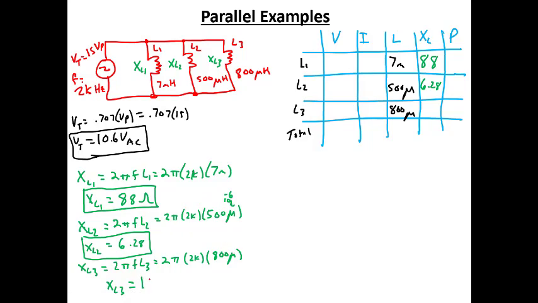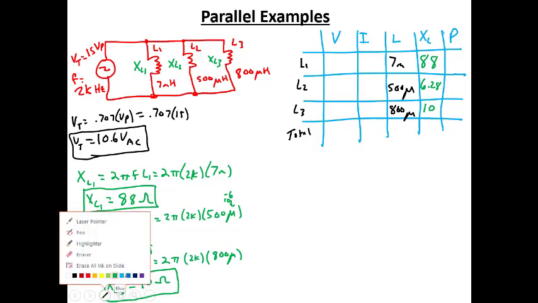I get approximately 10 ohms. It looks like I forgot the ohms on the last one, so that one's 6.28 ohms, and this one is 10 ohms. All right, so we found the individual inductive reactances.